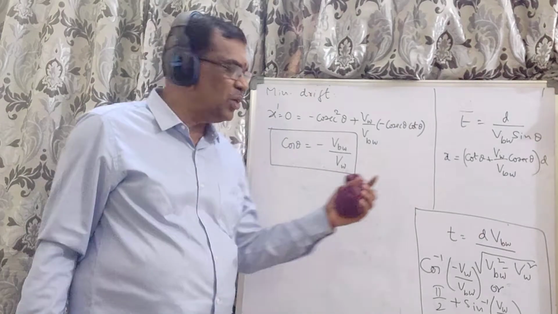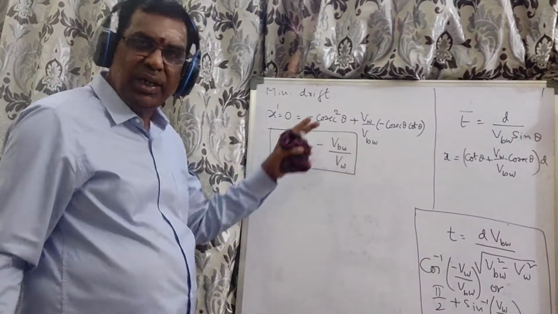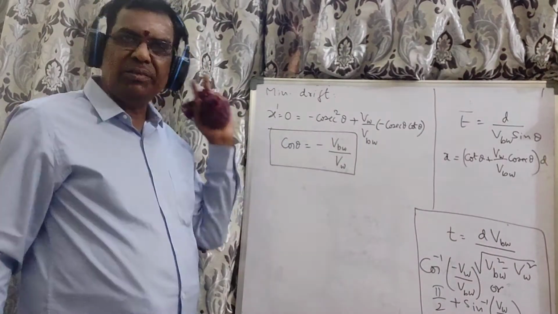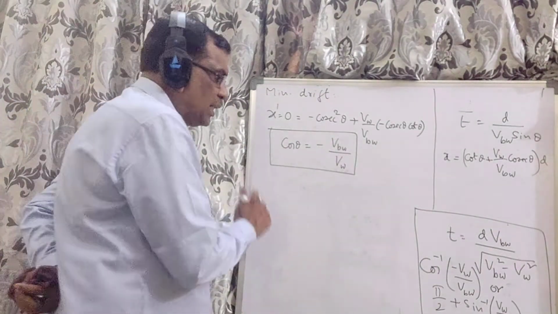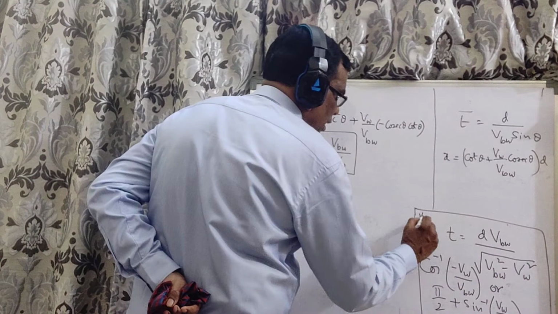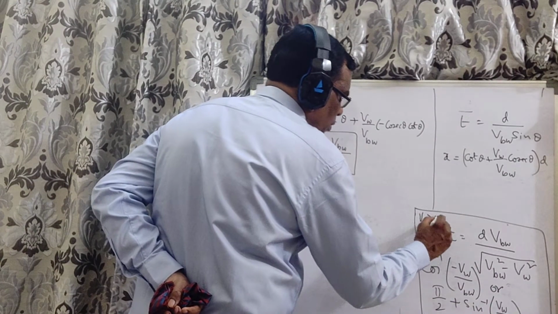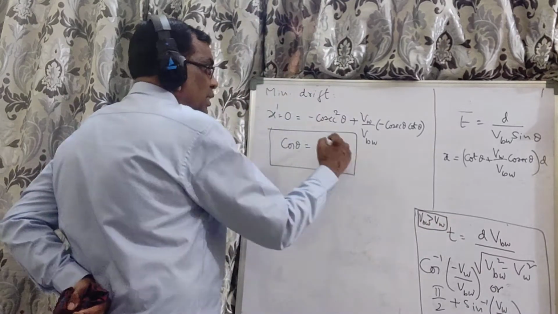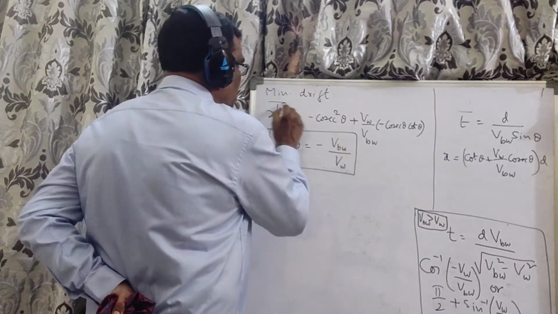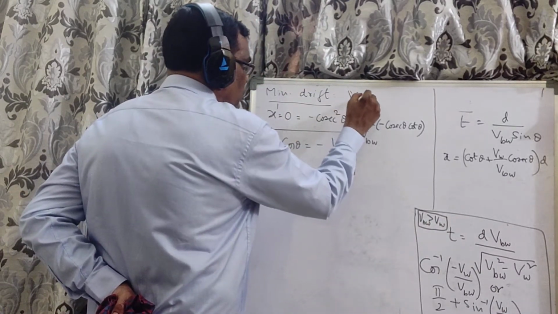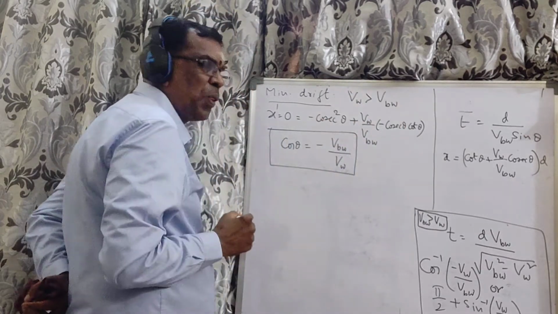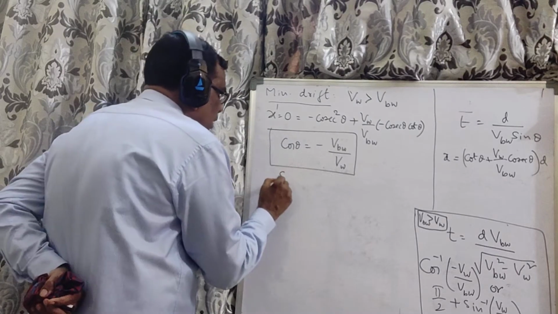Previous case of zero drift is virtually similar, if not the same. It is minus of VW by VBW. Now in this case, obviously here, VBW must be greater than VW. Here, it is reverse. For minimum drift, VW must be greater than VBW. And what is sine theta?